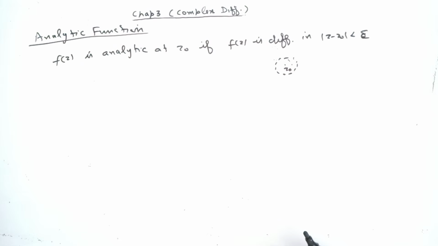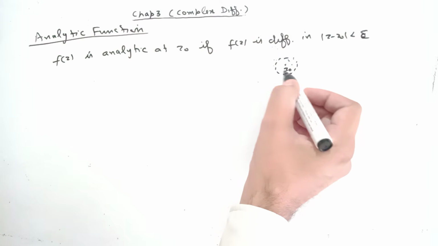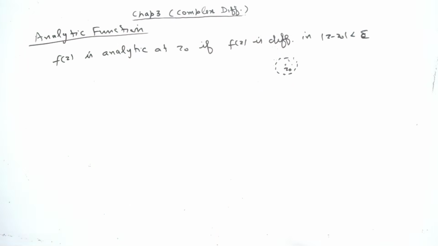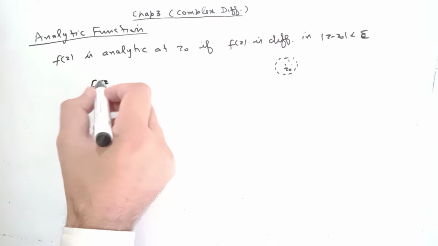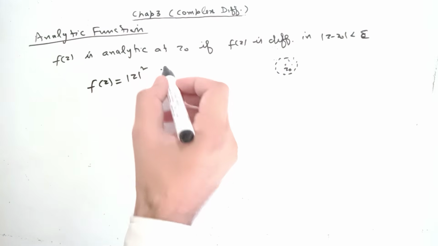So analyticity at a point implies differentiability at that point naturally, but it's not only differentiable at this point, rather in some neighborhood of z0. So from this, one thing is clear that analyticity implies differentiability. Can we say converse? No. See this function. This is differentiable at 0, we know it.